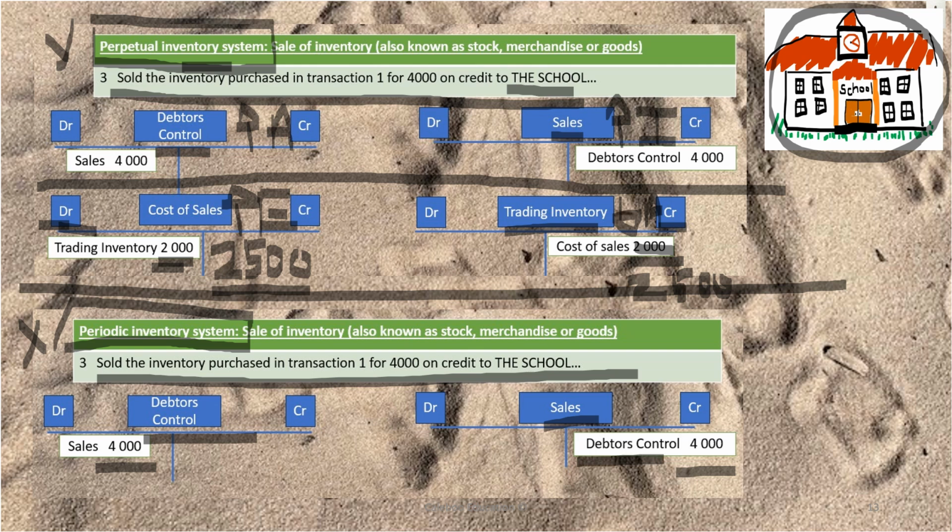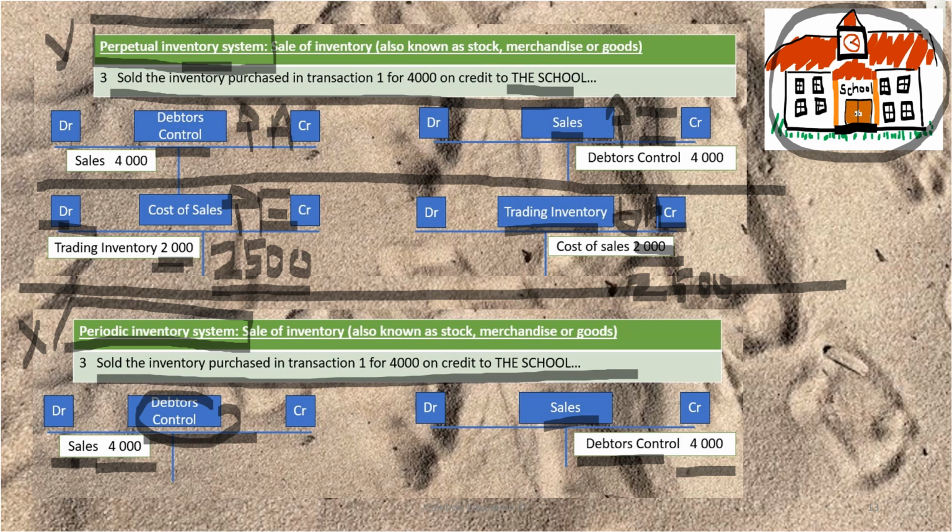Under details, you've got the name of the contra account, and the same in the debtors control account. Under details, you've got sales, which is the contra account, and there is no cost of sales. So the periodic inventory system is easier in a test or exam because you don't have to calculate the cost of sales at the point of sale.